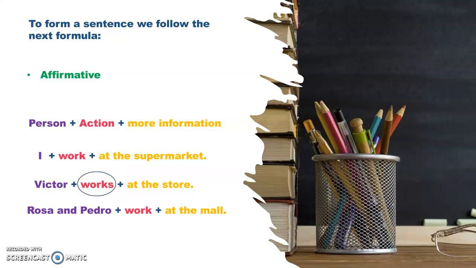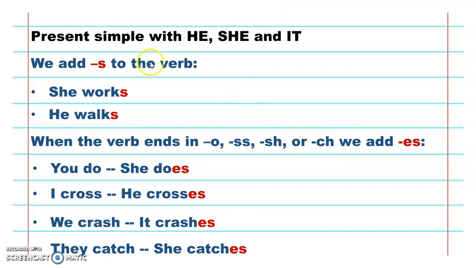And how do we know how to add this s? In simple present we always add s, but there are some verbs that have some changes, like we're going to see now. In present simple with he, she, and it, we're going to add an s to the verb, like she works, he walks.